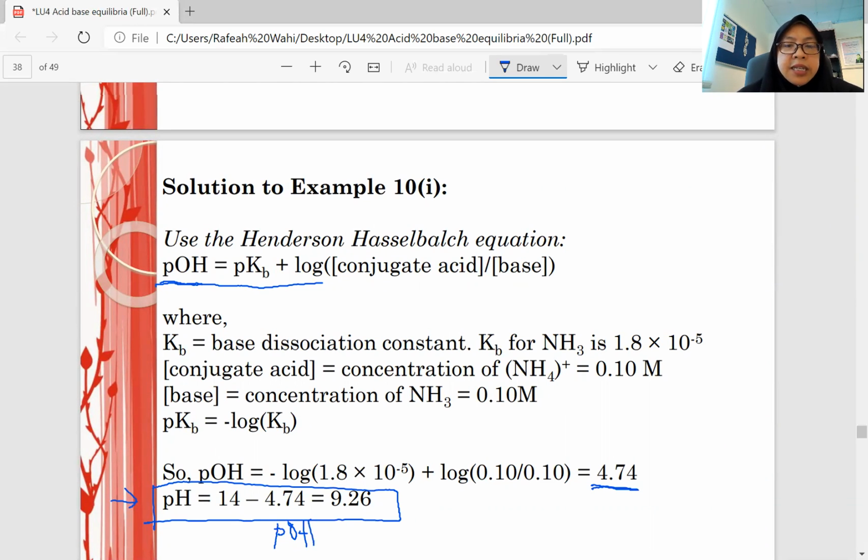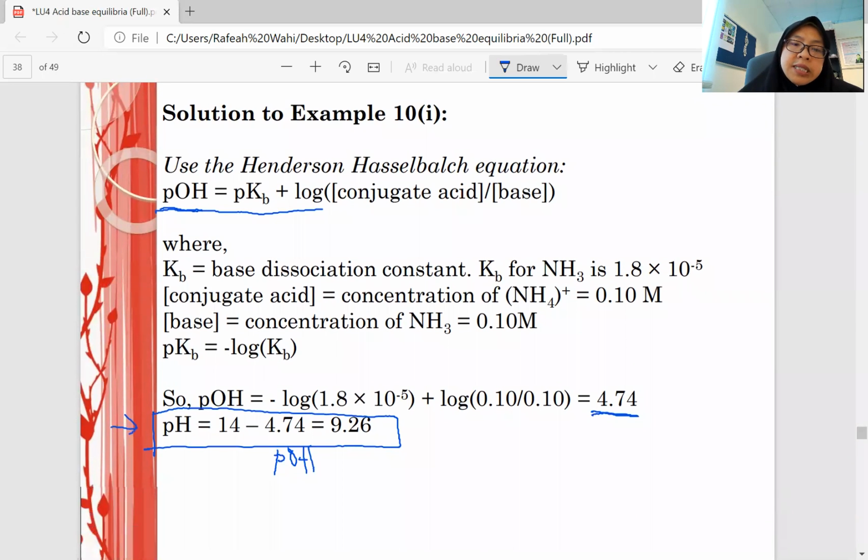So you get the pH 9.26. Again, you see that this buffer solution is in a basic condition, because you can see here the main species is NH3 as the base and the ammonium salt is the conjugate acid.